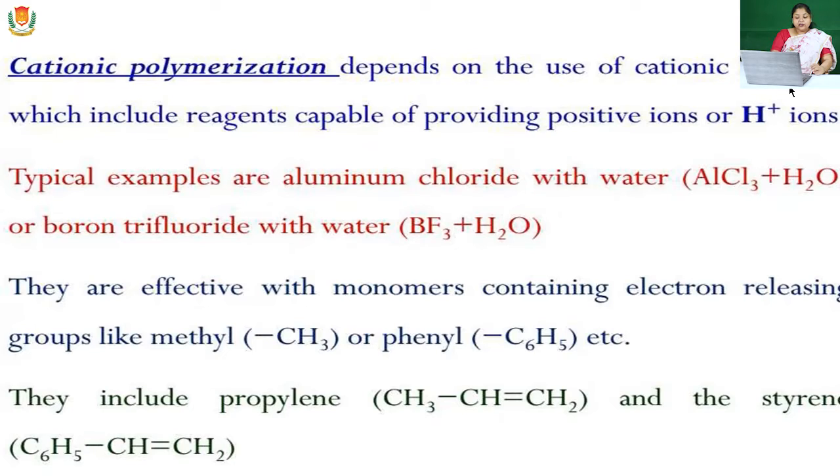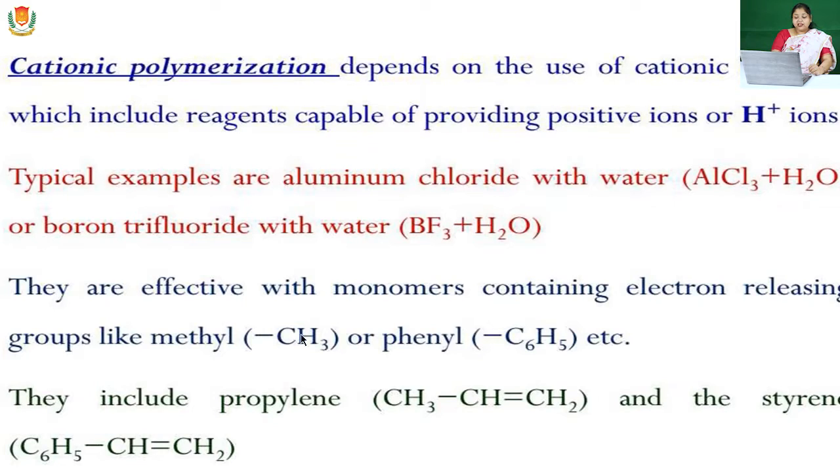Now, the preparation of addition polymer. In this, two categories are there: cationic polymerization and anionic polymerization. First, we will discuss cationic polymerization. Cationic polymerization depends on the use of a cationic initiator, which includes reagents capable of providing positive ions or H+ ions.